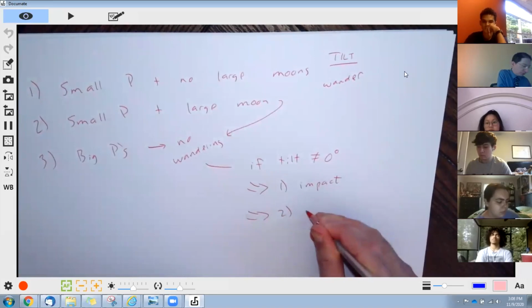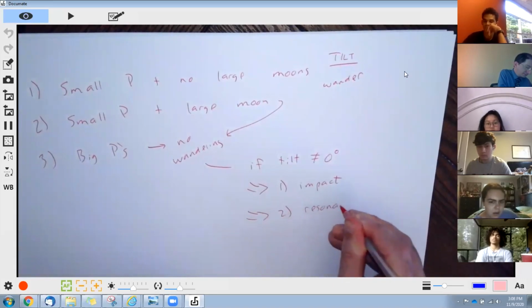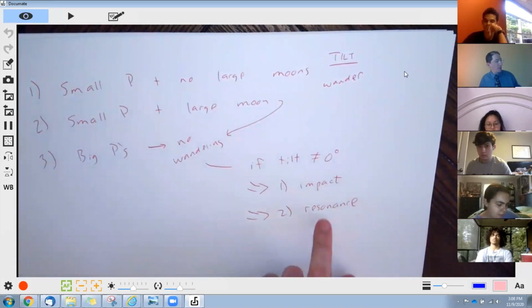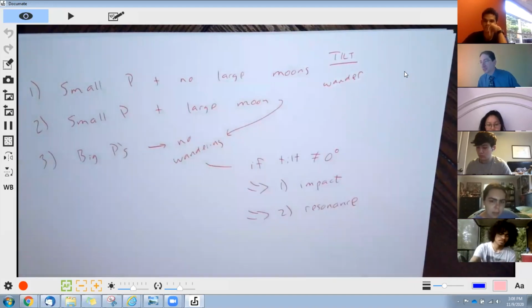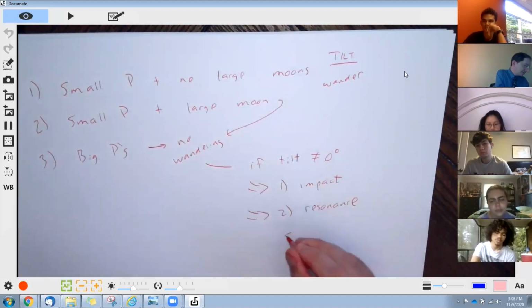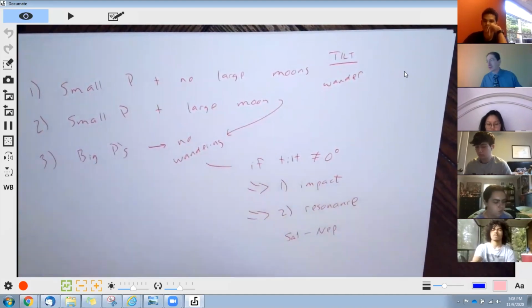You can have resonance. Again, it's the opposite of these little random gravitational tugs. These are where you're pushing always, or tugging, as the case may be, always at the right time. Saturn, there's a resonance between Saturn and Neptune. They're in a position that, like every other time, one of them comes around, the other's there, tugging on it in just the right way. It's kind of a subtle resonance.